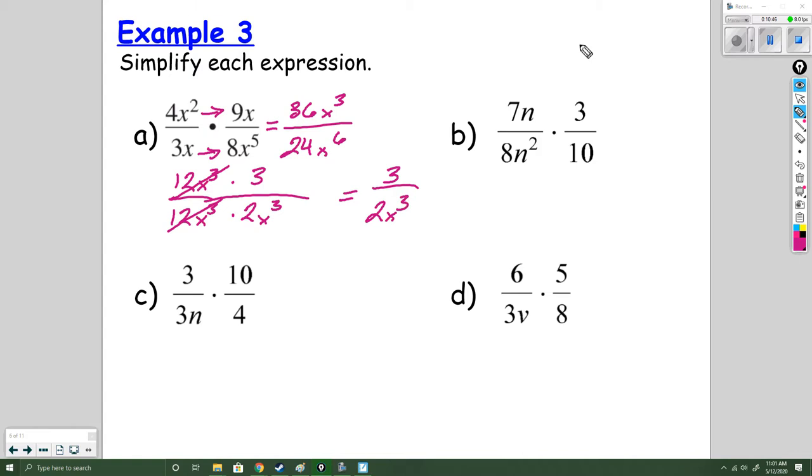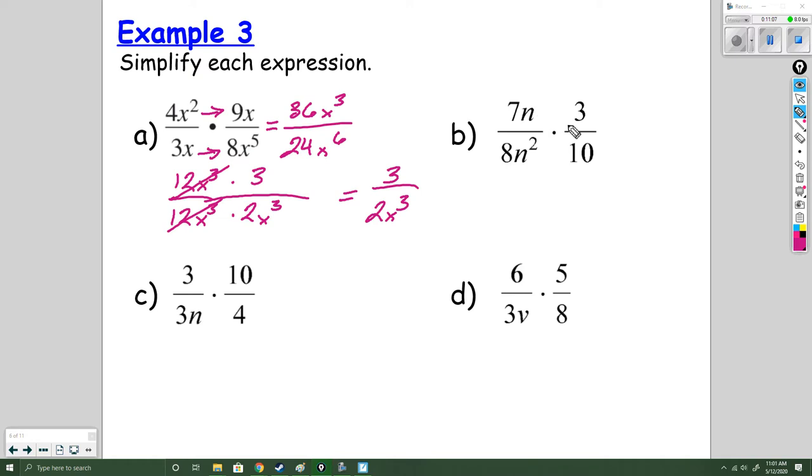The other method, remember, is we could just write down on the problem us crossing out those common factors and writing down what we have left over. So B is a good example of it not being necessary to multiply right away. So 7 and 8, there's no common factors there. 3 and 10, no common factors.